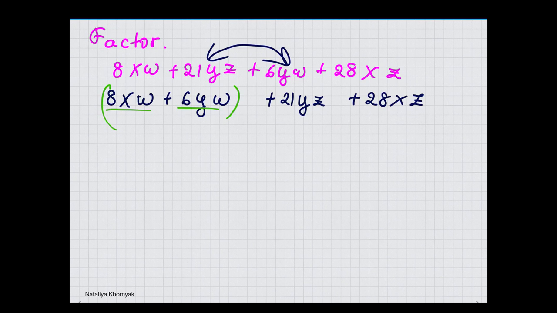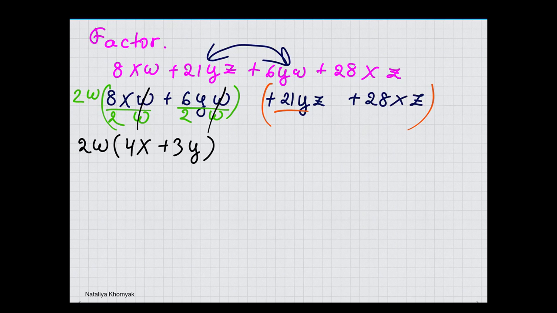6 and 8 can both be divided by 2. We can also take out w. So we get 2w times 2 goes into 8 4 times. This cancels, x, plus 2 goes into 6 3 times. This cancels, y. 21 and 28 can both be divided by 7.